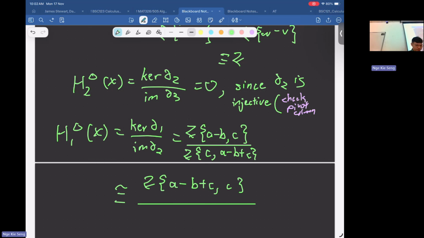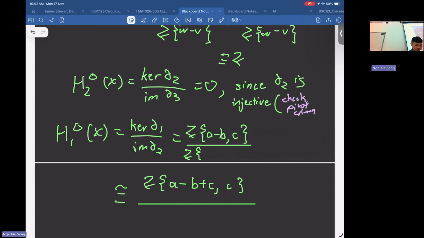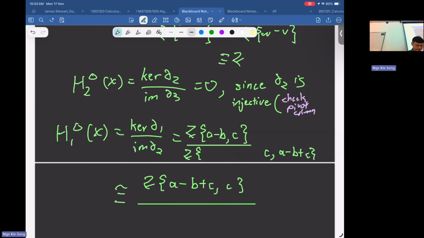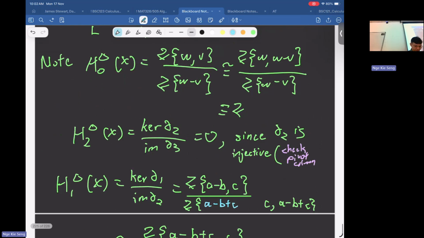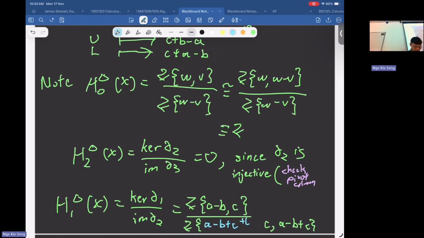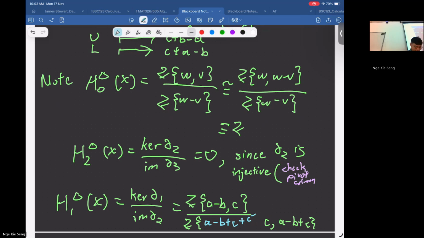This C shouldn't pop up, right? It's a 2C here, because of how I got this. Initially I thought A minus B plus C I could cancel with this thing here, so I thought we got only C. It turns out that you will have 2C.